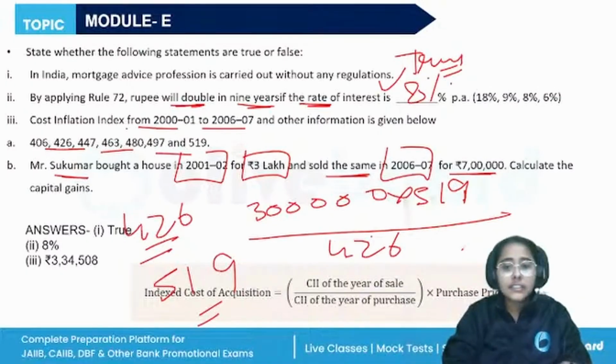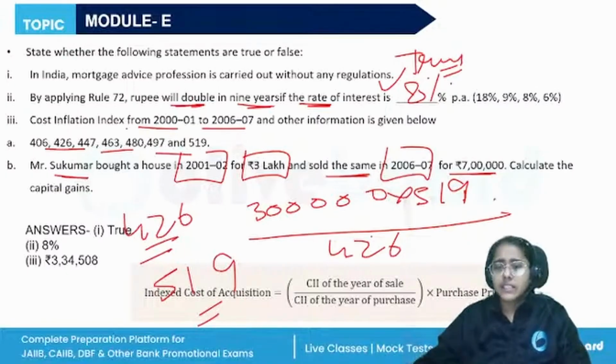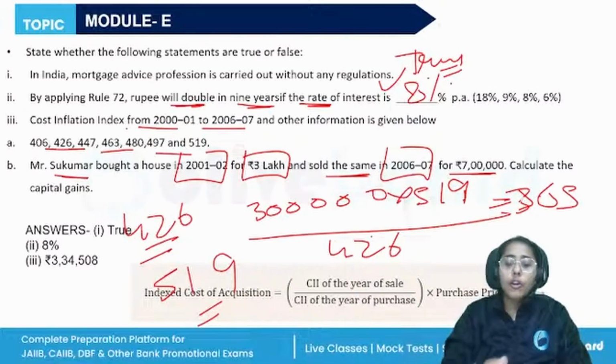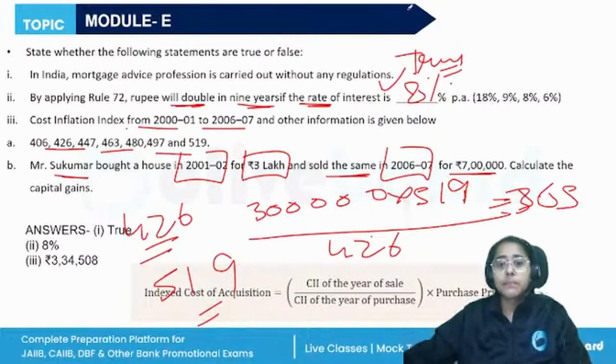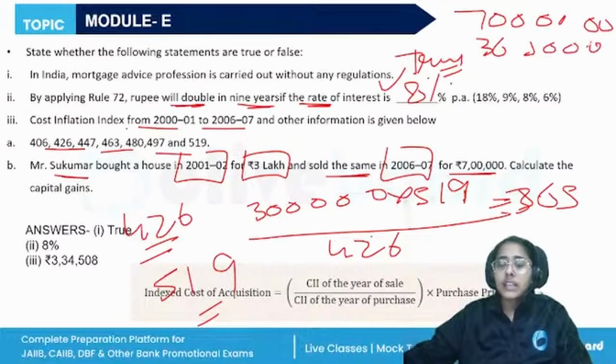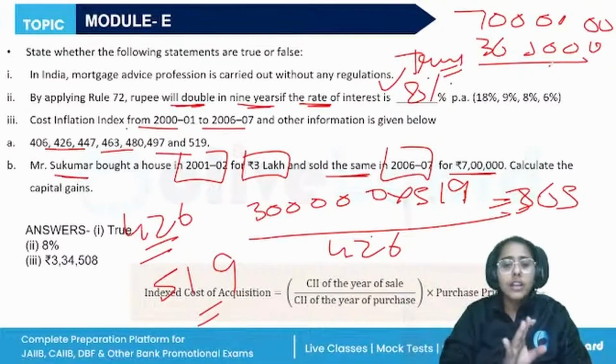Using your calculators, you can approximately calculate it. Around 3 lakhs 65,000 will be the answer here. And then capital gains is calculated by subtracting the indexed cost of acquisition from the sale price. So the sale price is 7 lakh. If we subtract from it 3 lakh 65,000, then we arrive at around 3 lakh 34,000.